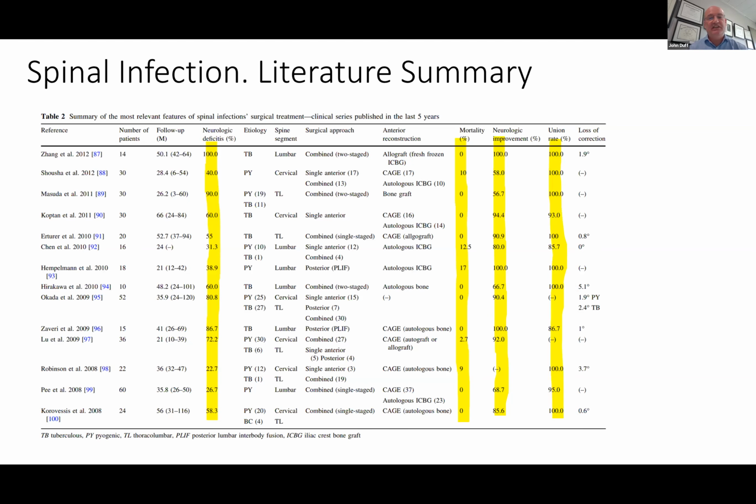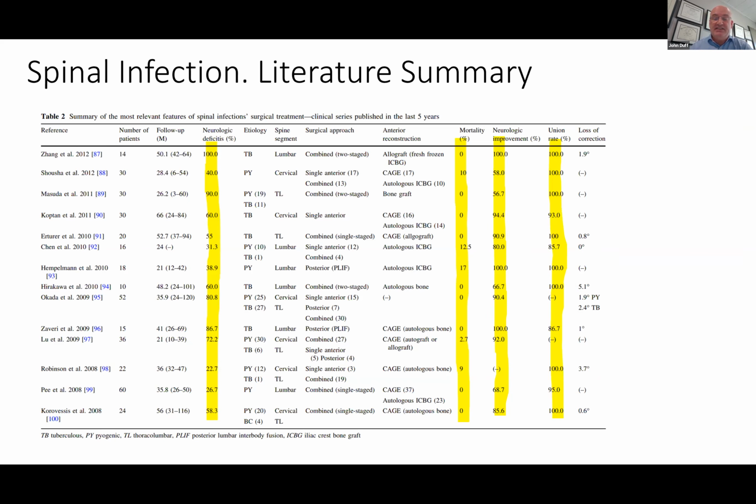So if we look at the surgical literature, here's a summary of some of the results from about 2004 to 2012 that were published in the literature of surgical management of spondylodiscitis. And if you look at the first yellow column, many of the patients were operated for neurologic deficits. So not all of them, but many of them had neurologic deficits in these series.